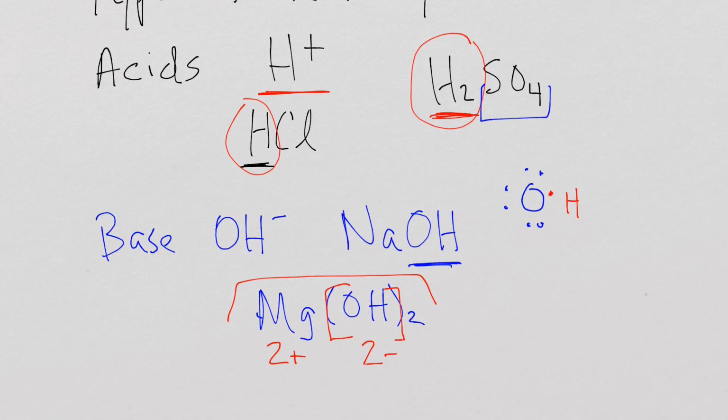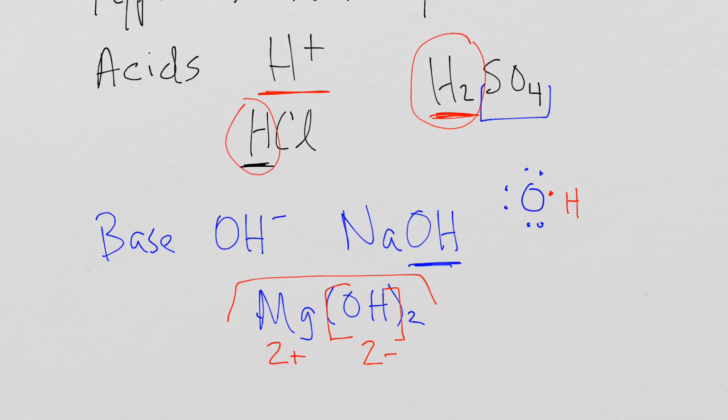It's a give and take. When they break up, they don't take back their actual electrons, right? They don't give them up either. So the same thing happens here. That's the reason we actually have an OH with a bracket and a 2 next to it, because in order for this guy to be stable in the actual chemical makeup here, you need 2.